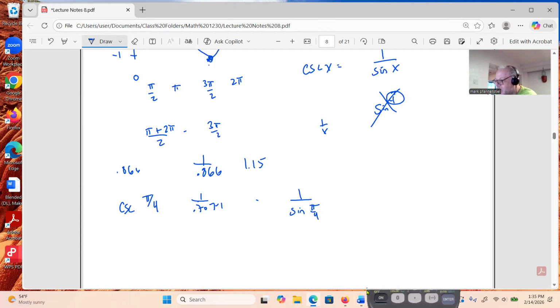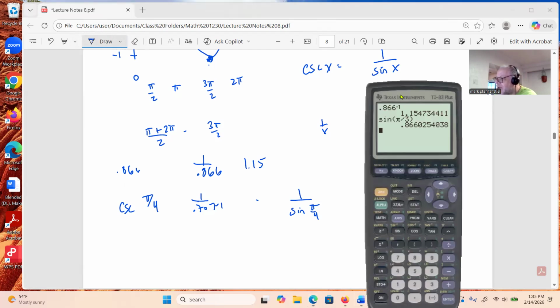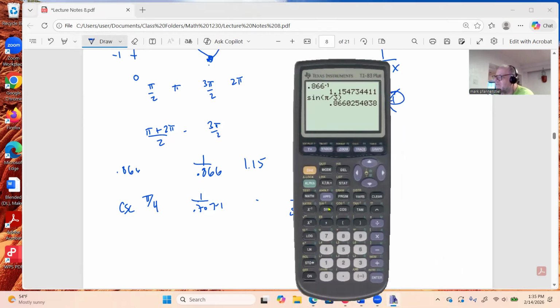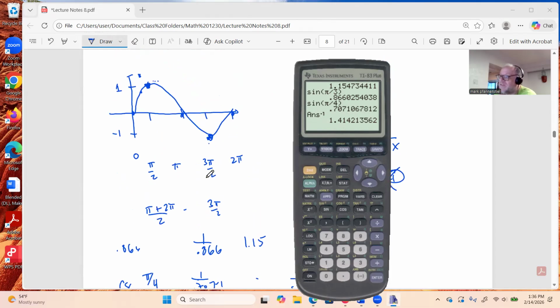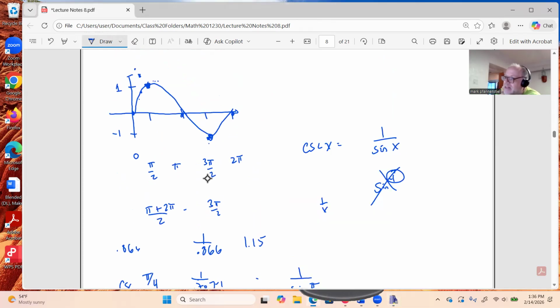That's going to be the square root of 2 over 2, or 0.7071. So we can go ahead and type that in. So I have the sine of pi divided by 4, and I know that this is the square root of 2 over 2, 0.7071. For those of you who are engineers, you will memorize this number, not on purpose. It just will happen. Take the reciprocal of it and look at this. It's 1.4 something, so it's even bigger. So what's happening is we're going down here. It gets to be an even bigger number here.